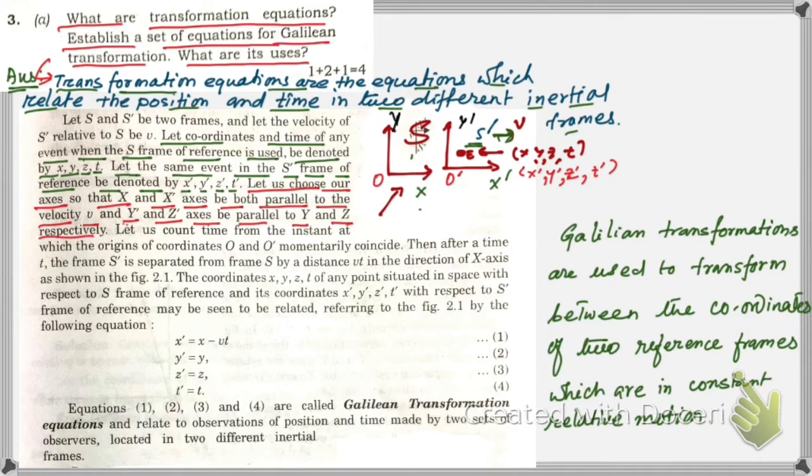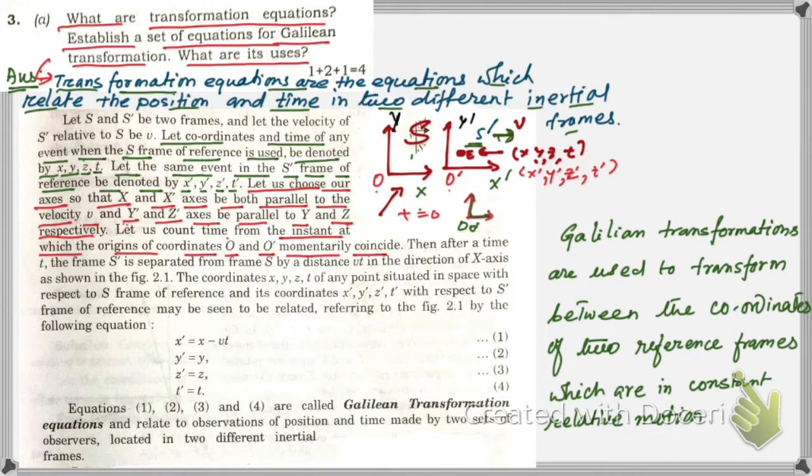Let us count the time from the instant at which the origins of the coordinates O and O dash momentarily coincide. So you see, initially when t is equal to 0, the origins of these two frames, O and O dash, coincide, right?